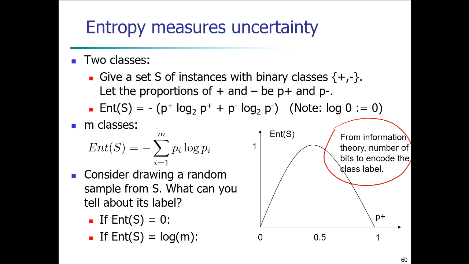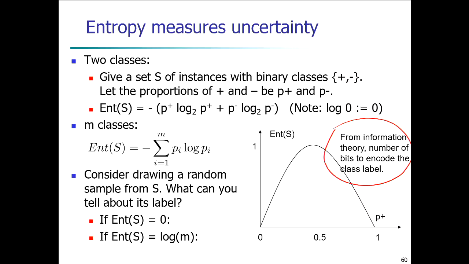Entropy carries over to multiple classes, but to make things simple, we focus on binary cases. So let's say we have class information, either positive or negative. Later I will use an example of balls, whether black or white. So these are the two-class scenarios.